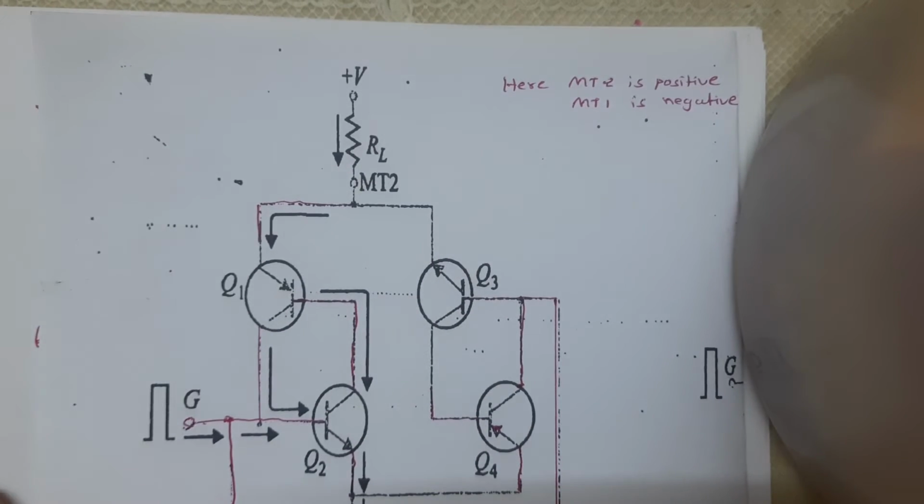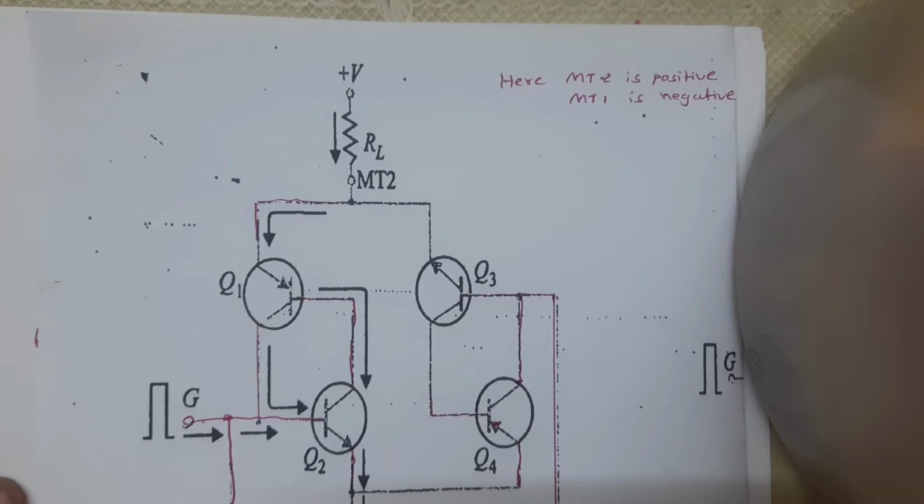How does the circuit work? Here we have seen that the transistor equivalent circuit of an SCR is composed of a PNP transistor and an NPN transistor, with the collector of each transistor coupled to the base of the other.